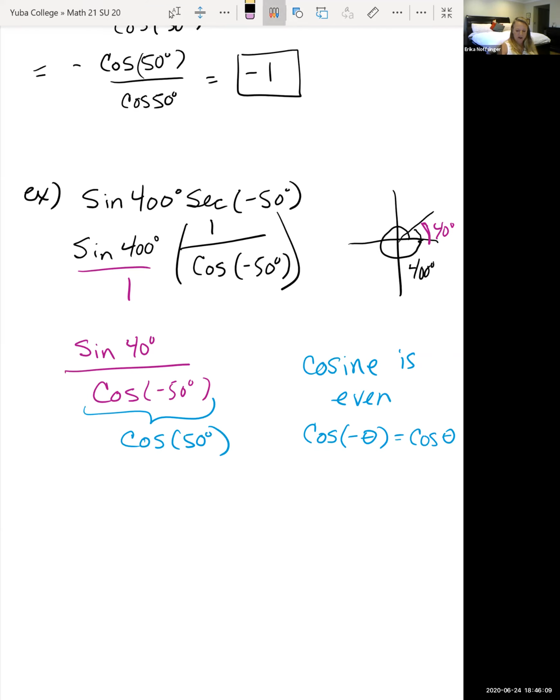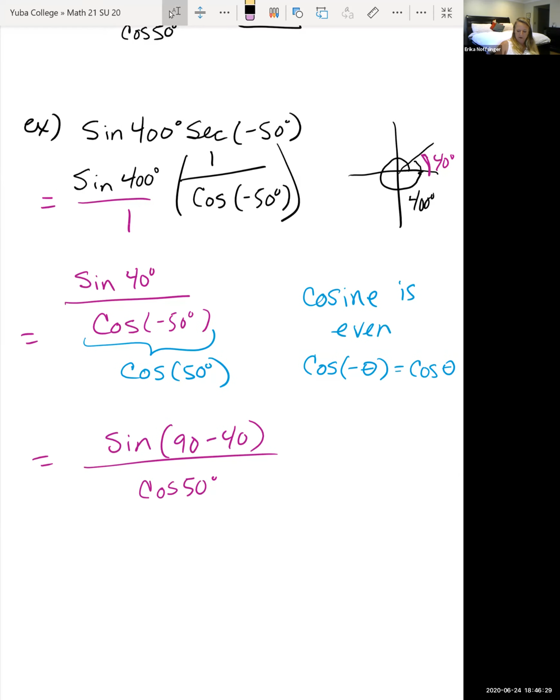And then again with cofunctions, this is the same thing as sine of 90 minus 40, all over cosine of 50. Oops, I meant to say cosine of that. So this is cosine of 50 over cosine of 50, which is 1.